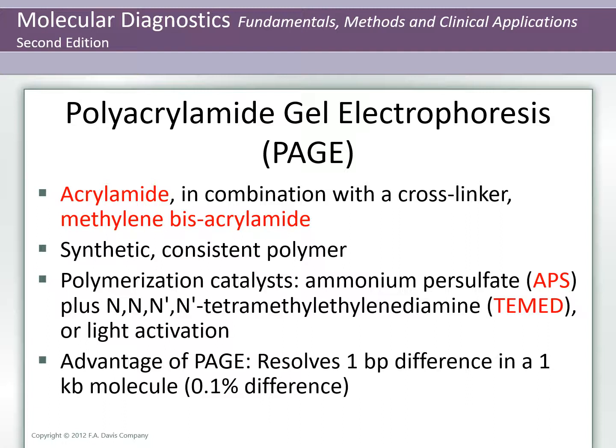So for those of you who have already gone through your chemistry rotations and have done the protein electrophoresis on Sebia, that's an example of a ready-to-use agarose gel. The main advantage of polyacrylamide over agarose is the high resolution for small fragments. So the variation of one base pair in an 11 kilobase molecule can be detected.